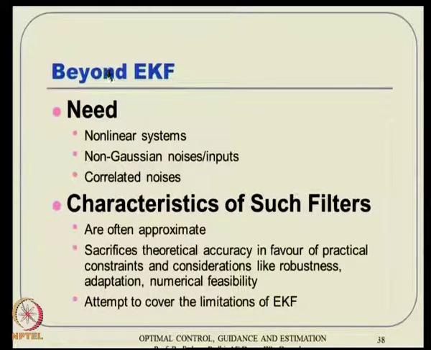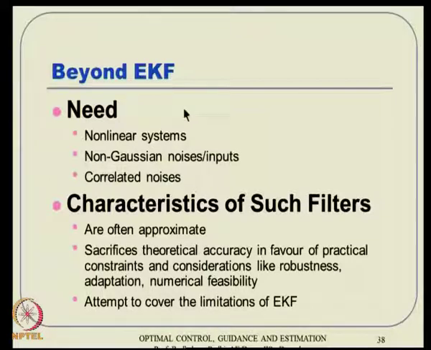And typically there are many filters which have been proposed beyond EKF. The very first thing that comes to mind is something like the linear regression Kalman filter, or the very popularly known UKF, the unscented Kalman filter. Then people talk about the H infinity filter, then there are ideas of the particle filter and things like that.